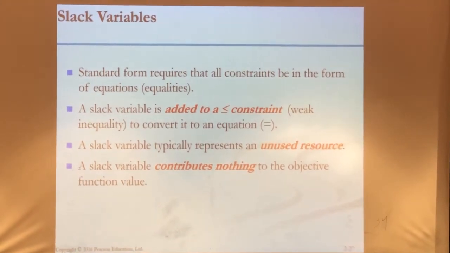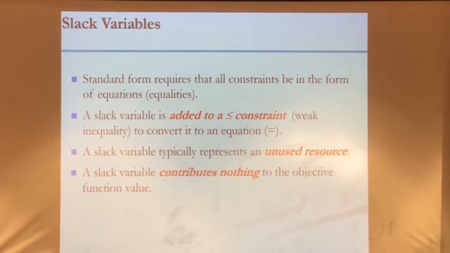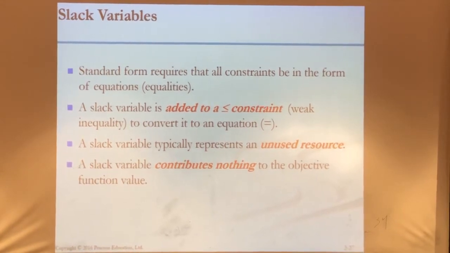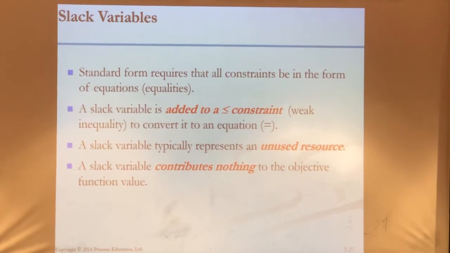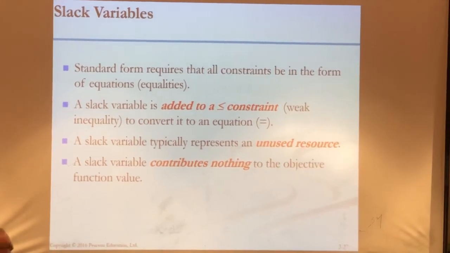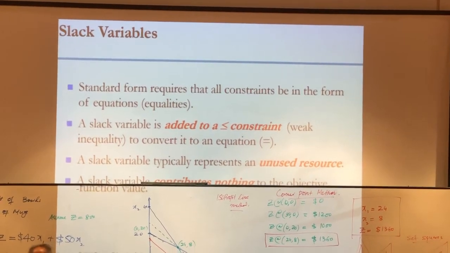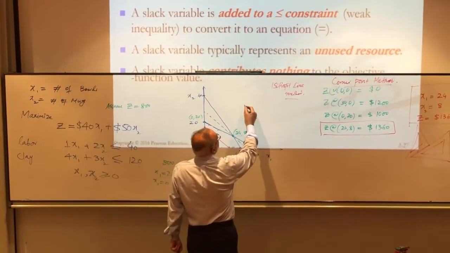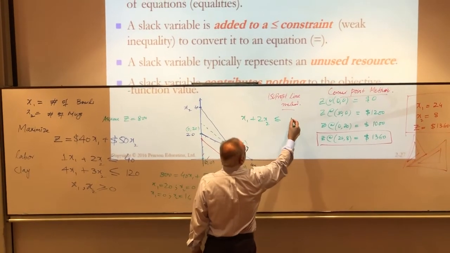Slack variables. This concept of slack variable is when we have a constraint of less or equal to, and we make it an equality, we add slack variables. Okay. So for example here, x1 plus 2x2 is less or equal to 40.